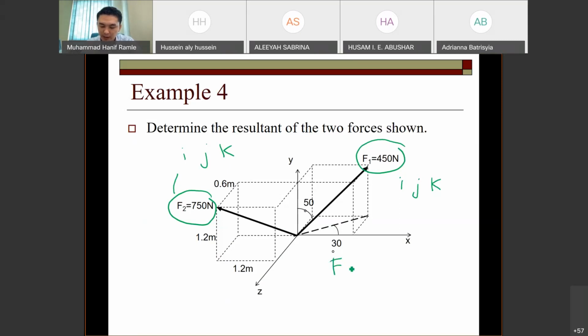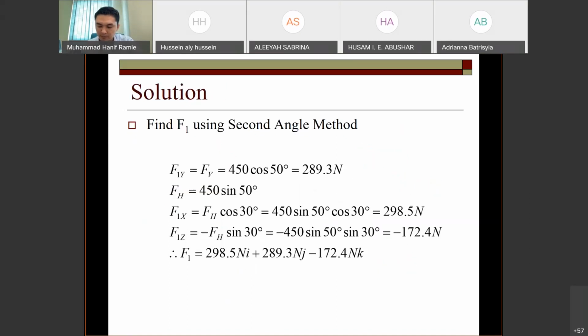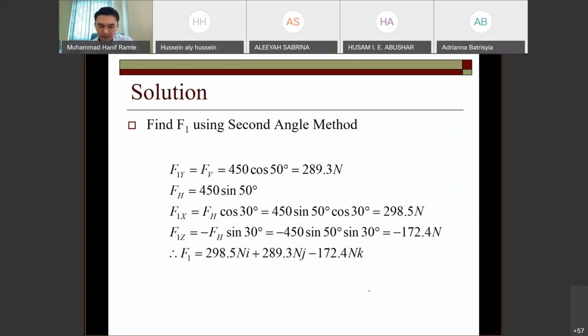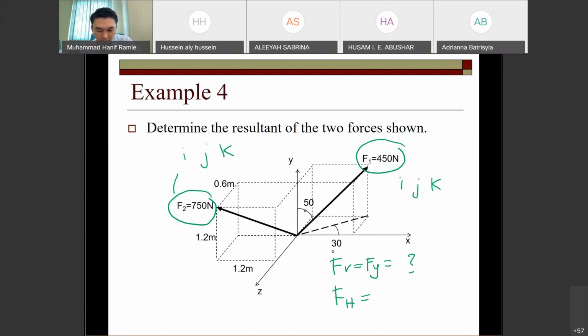How much for Fv or Fy? 450 cosine 50. The answer is 289.25. Yes, correct. How about Fh?